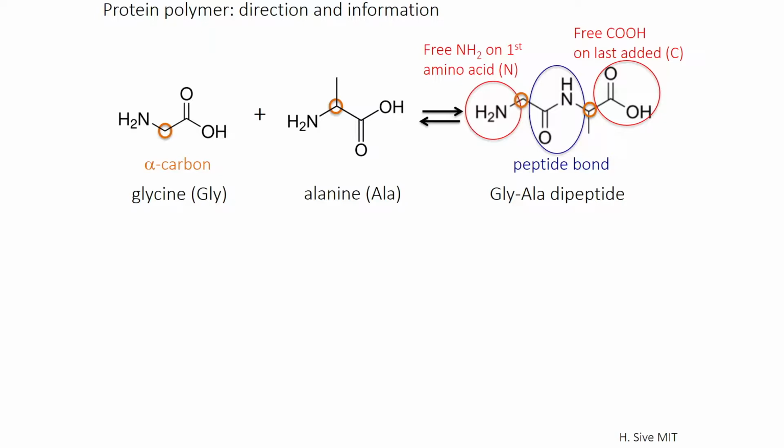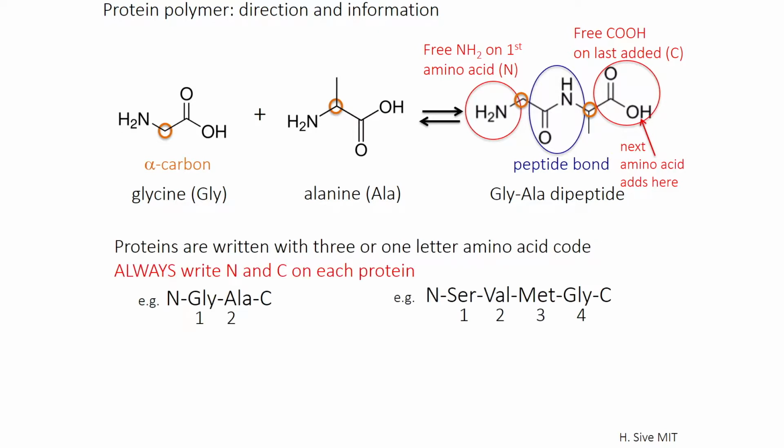I've circled the alpha carbon on these, joined together to make a peptide bond, which I've circled in blue, leaving a free amino end on the first amino acid of the polymer and a free carboxyl end on the last amino acid. This is just a dipeptide, a very tiny protein. If the next amino acid were to add, it would add where I've arrowed the incoming next amino acid.